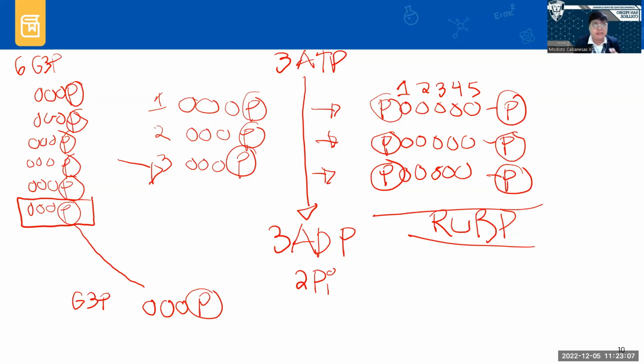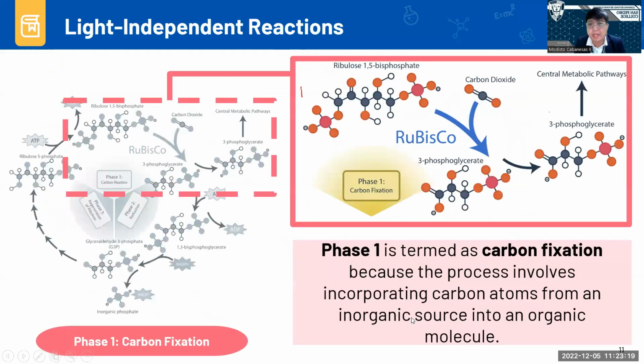Now, if you're going to think of it, medyo madali lang naman siya intindihin if you know the flow of the cycle lang. Alright? Now, dito sa presentation natin, may nakalagay dito yung mga explanation for each, which we just explained kanina while we draw. Yan, phase 1, with the Rubisco yung enzyme.